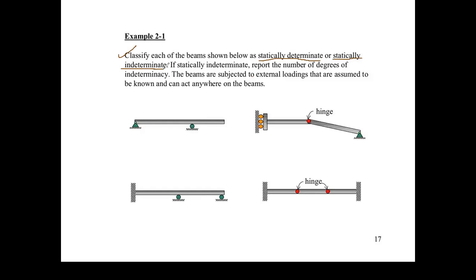One is you have to identify the structure or that particular beam, whether it is a statically determinate beam or a statically indeterminate beam. Further, they are saying if it is statically indeterminate, in that case, what you have to do? You just have to find out the number of degrees of indeterminacy.